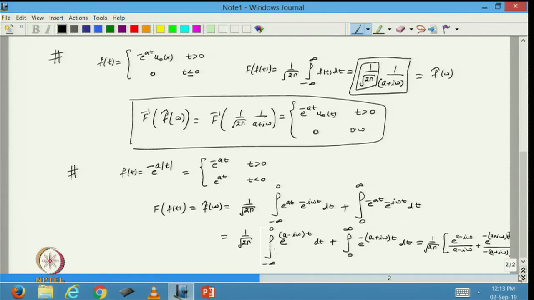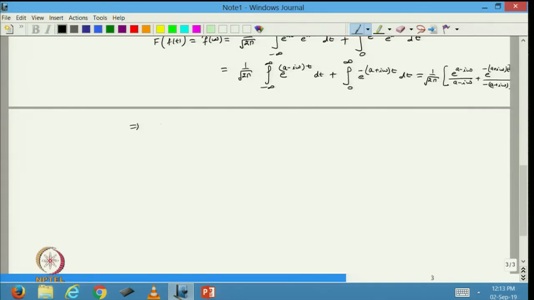So, this will be the expression for that, which can be further solved. Now I will get a minus i omega, and I have to put the limits from here.